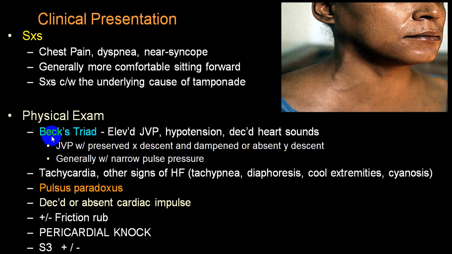Clinically you will get different symptoms: chest pain, dyspnea, and near syncope because of decreased blood flow to the brain. And you will have the classical Beck's triad, pulsus paradoxus, tachycardia, nearly absent heart sounds on auscultation, and the cardiac impulse will not be palpable.